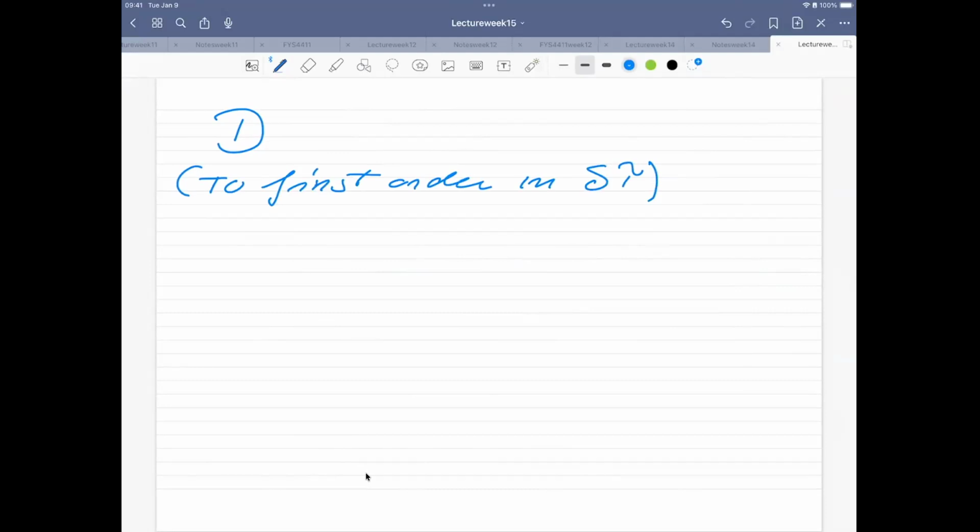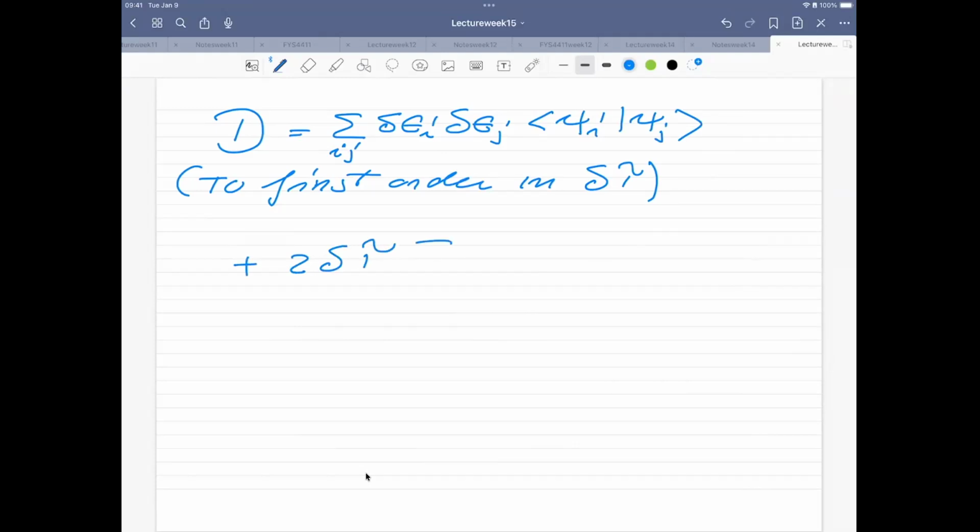So I get a term which is going to be equal to a sum over ij. I'm going to have a delta theta i, delta theta j, multiplied, and remember now that these are the derivatives of the variational function with respect to the parameters theta i and theta j. So that's the first term, plus a term which is given by 2 delta tau, and then it has a sum.